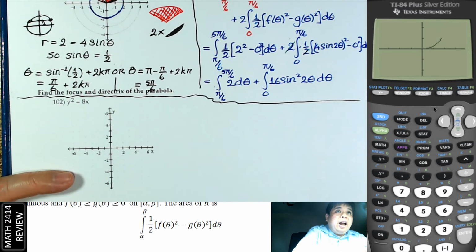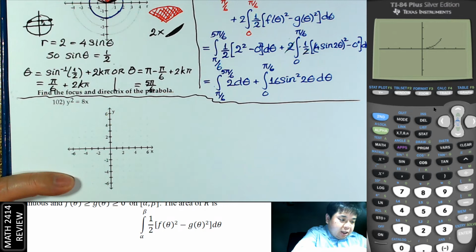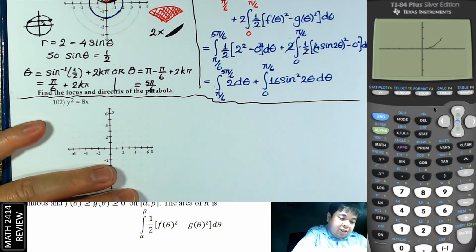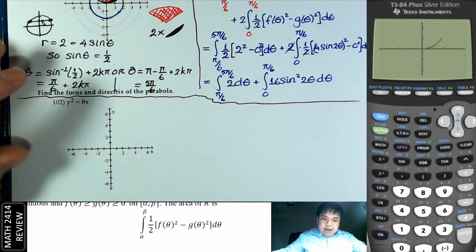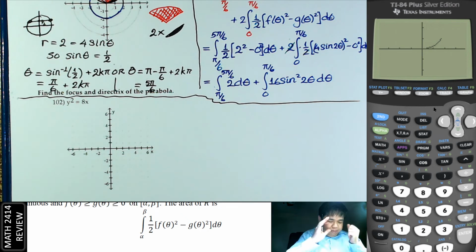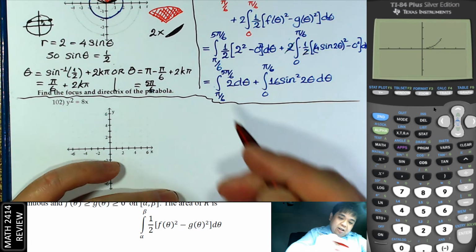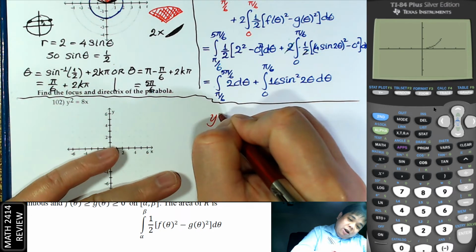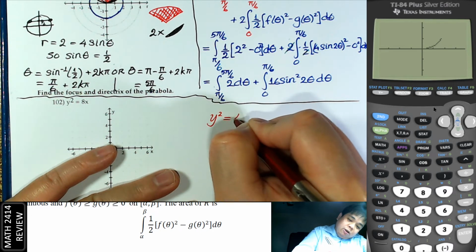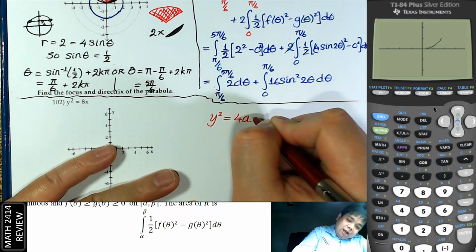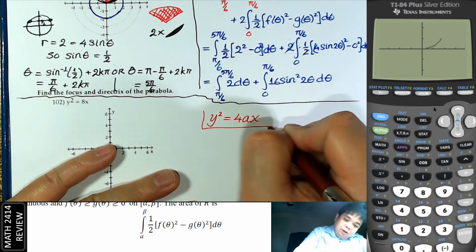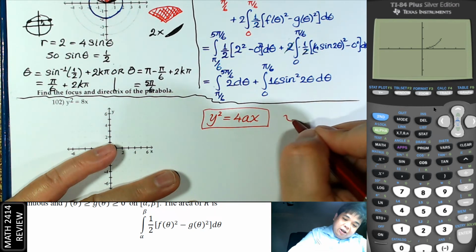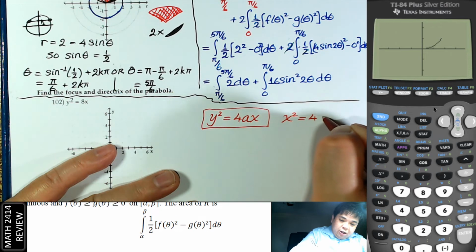Right. Next, we find the focus and the directrix of the parabola. So for the parabola, the standard form, where the vertex is 0, 0, is either, if we have y squared, y squared = 4ax, or if we have x squared, it will be x squared = 4ay.